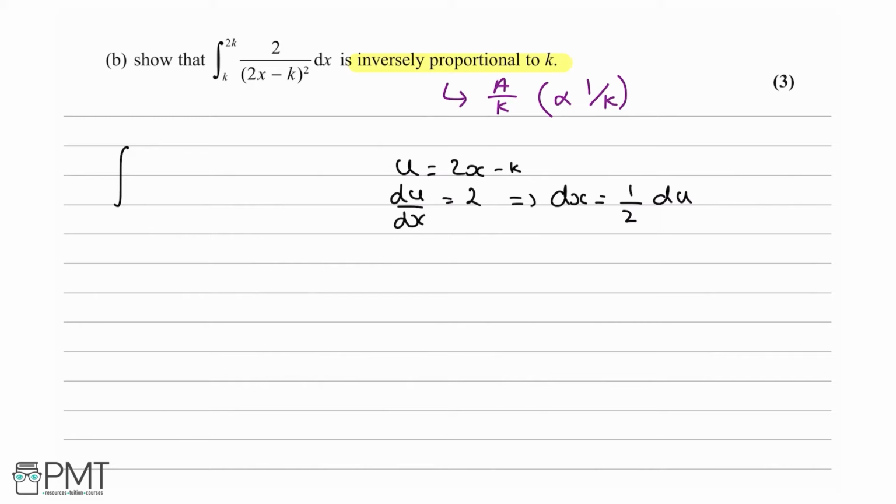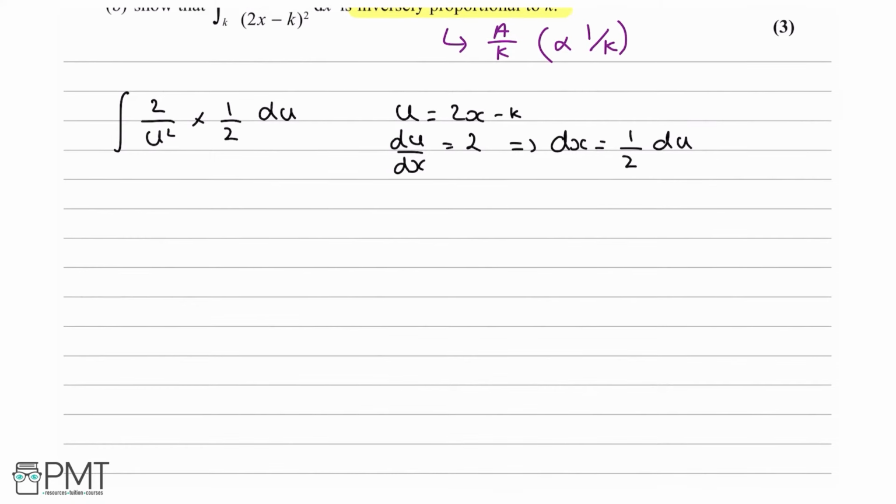So what we are left with is the integral of 2 over u squared times 1 over 2 du, like that. Okay? So this means we have the integral of half and 2, so this 2 here and this half here will cancel out, like that. So we are left with the integral of 1 over u squared du, which equals the integral of u to the minus 2 du.